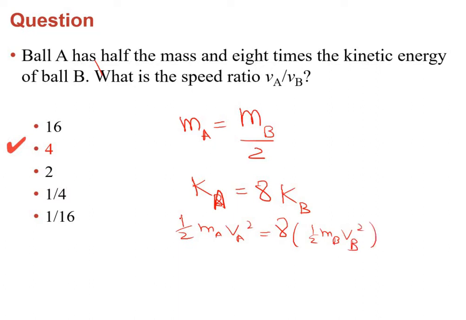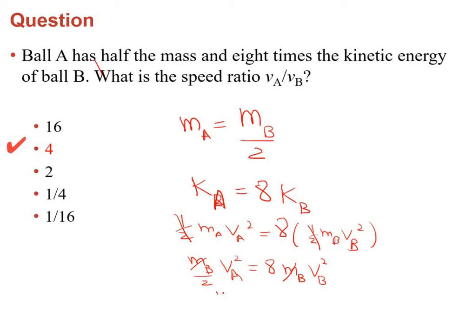You can solve it any way you want, but this half cancels out, and I'm going to plug in MA as MB by 2 times VA squared, equal to 8 times MB times VB squared. Now the MB cancels out from both sides. If you multiply 2 on both sides, this becomes 16.